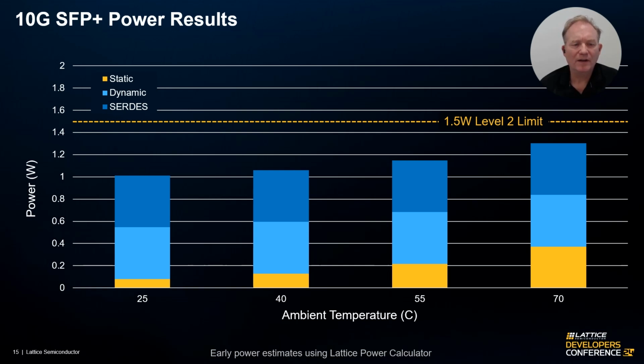And then for interest, I split the data between the static power that the FPGA consumes, the dynamic power, the power consumed by the logic and fabric, and then the power that's consumed by the SERDES. And what we can see is at each of these 4 temperatures, we're able to stay below the 1.5 watt limit that's required of the application.